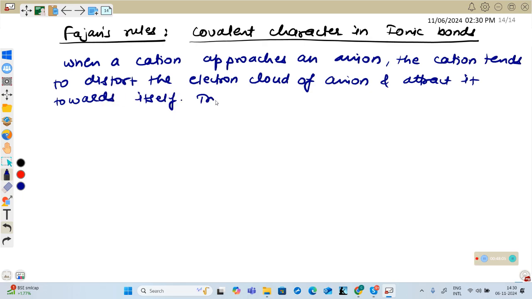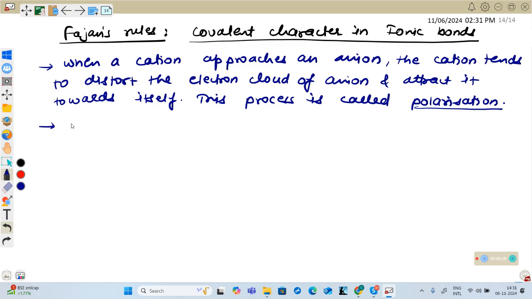This process is called polarization. Are you getting it?